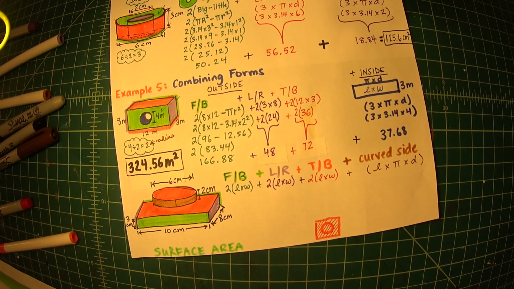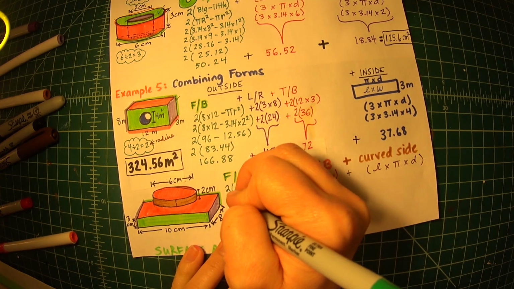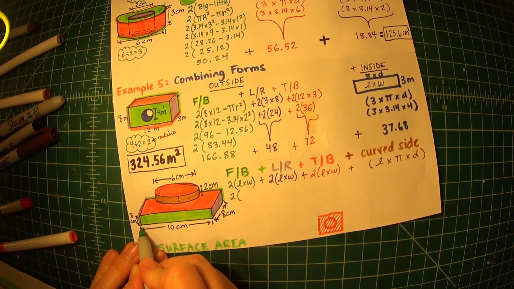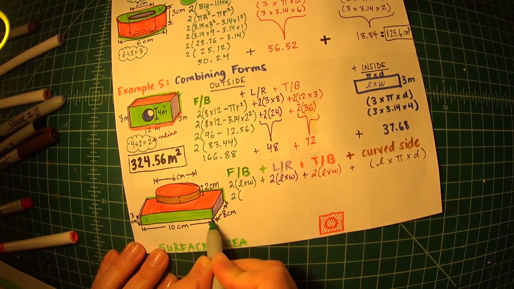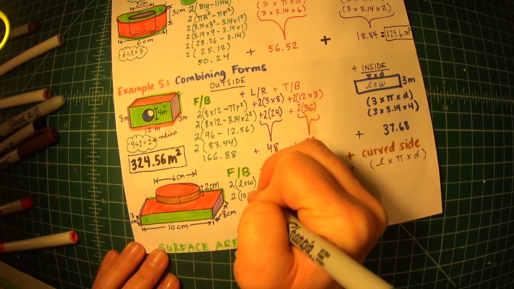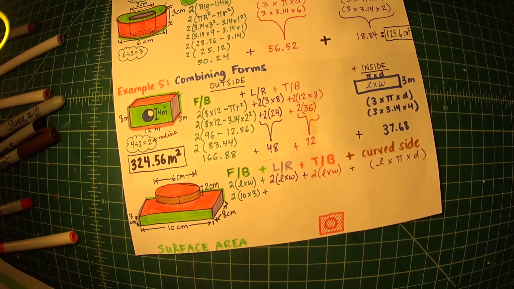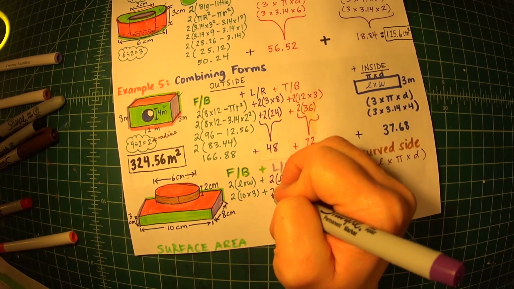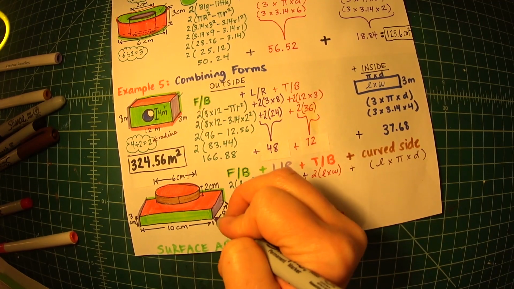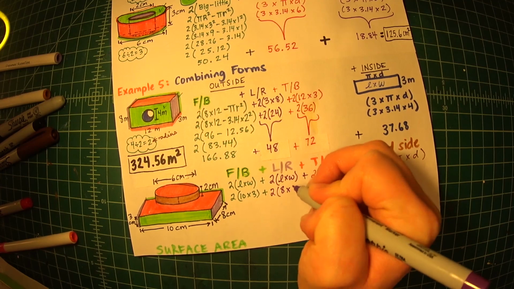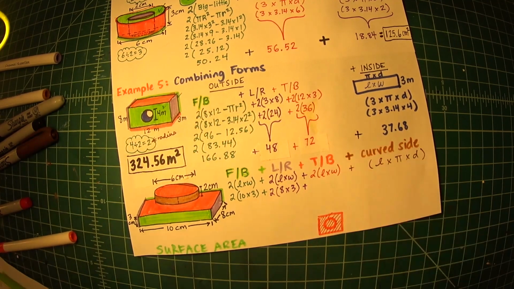So let's fill in the details. So front and back, 2 times, let's see, what are my dimensions? I've got 10 by 3. 10 times 3. Left, right, 2 times, what are my dimensions? 8 by 3. 8 times 3.